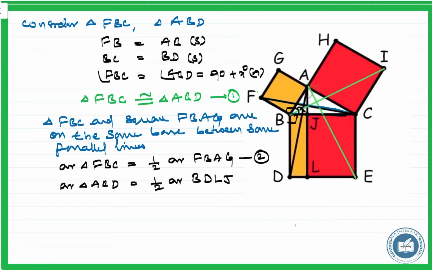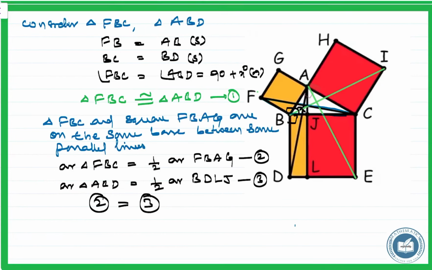Here you see this triangle and the rectangle are on the same base BD. So this one is 3. Already you know that triangles FBC and ABD are both equal here, so 2 equal to 3.